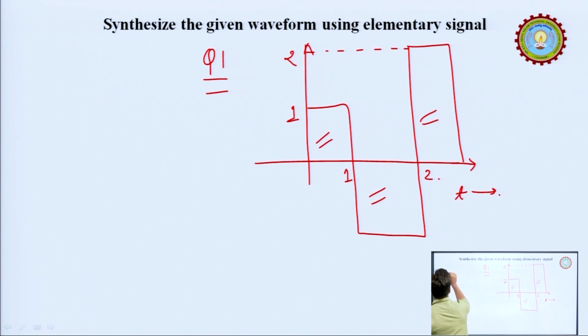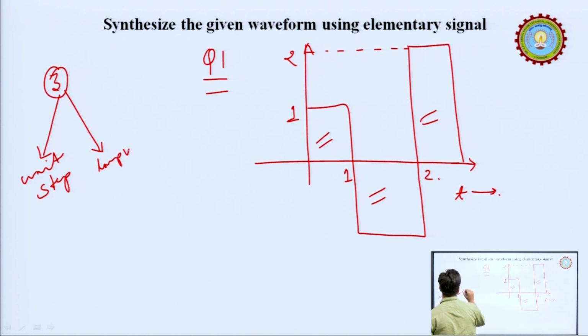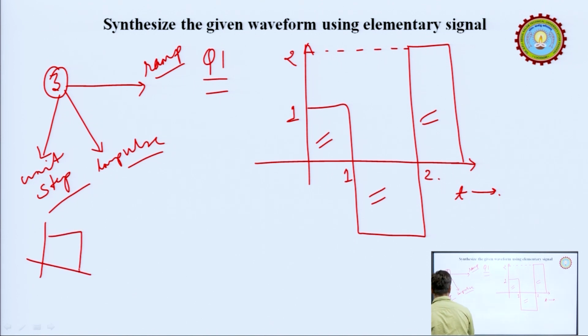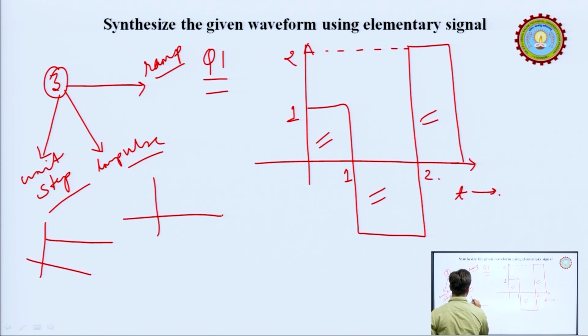Till now we have studied basically three types of elementary signals: unit step, impulse, and ramp. This is how we represent the unit step, this is how we represent the impulse, and this is the basic signal for representing a ramp.